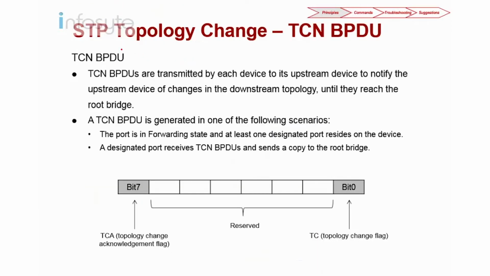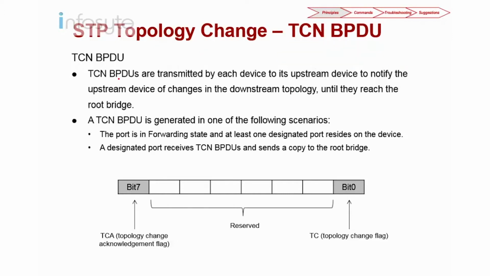So far we know that STP on the root bridge will send what we call the configure BPDU. Now there's also another BPDU which is very important. It's called TCN BPDU. TCN stands for Topology Change Notification.